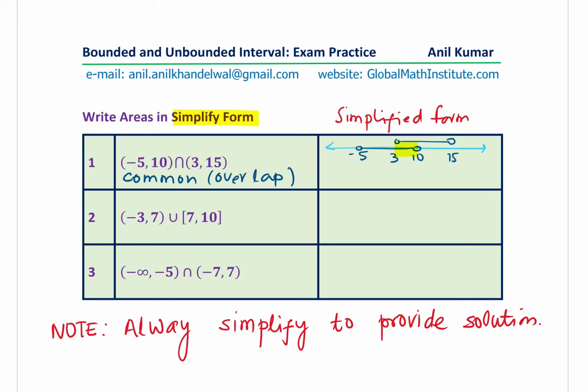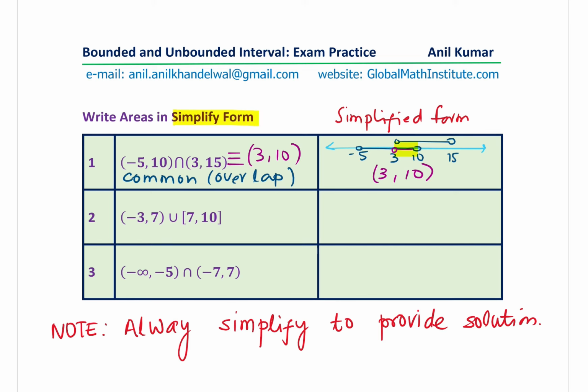And therefore, I could write this solution as between 3 and 10. Now 3 is not included and even 10 is not included. So we'll write 3 first and then 10. Is that clear to you? That is how we are going to write. So let me write it here also. This is equivalent to saying from 3 to 10. Is that clear to you? Right? And on the number line, you will show it like this.